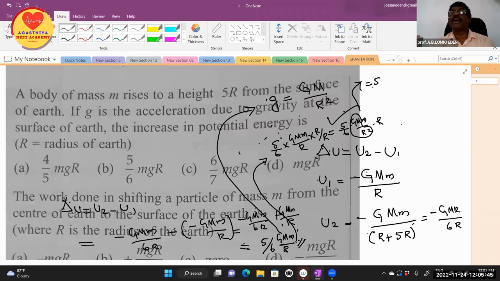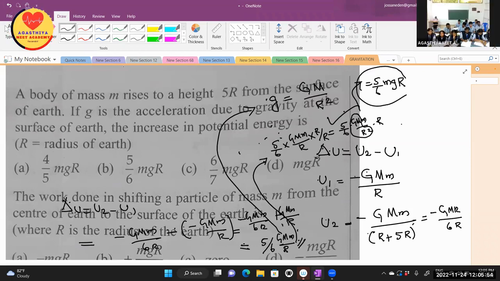Therefore, 5 by 6 m g R. Therefore, the answer is B. Note down this. Option B.